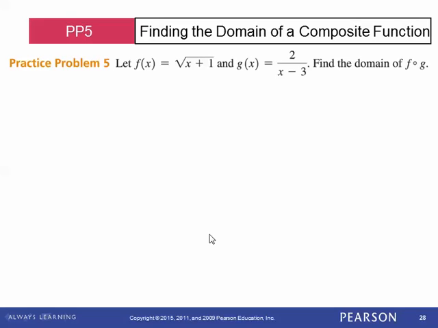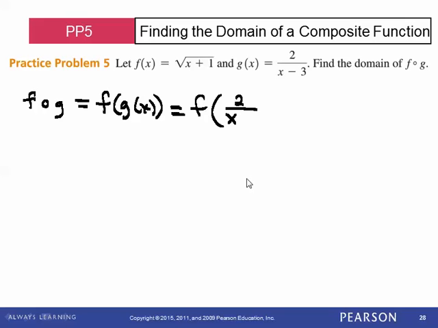Let's do practice problem number 5 together here. So I need to know the domain of f composed with g. That's what I need to know. Okay, so I'm going to quickly set it up, but I'm not going to simplify. So f composed with g really is f of g of x. The g of x is this guy here, which is 2 over x minus 3.